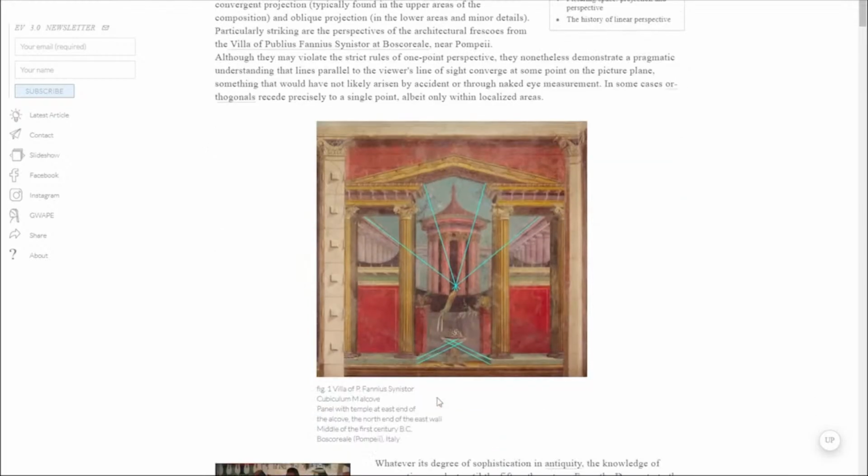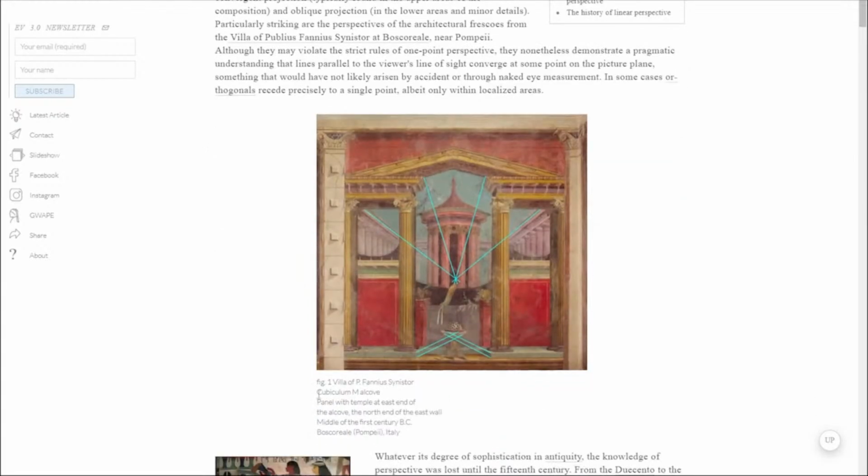For example, this one is quite old, I guess it's 2nd century, and you can see there's one point in the middle showing it's one point perspective, but these must be parallel with this, but mistakenly it's not going to the same vanishing point. They drew it by mistake, not parallel with the parallel lines.